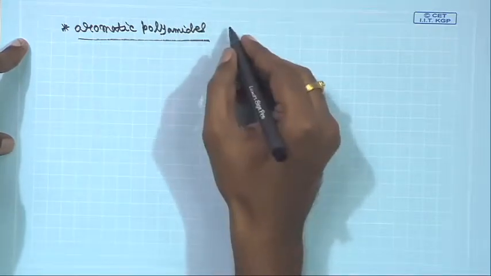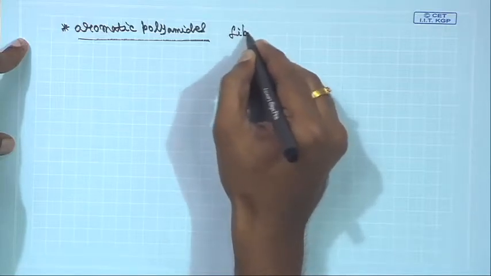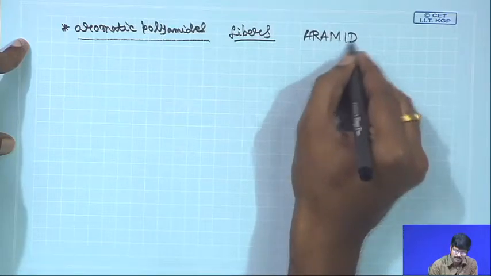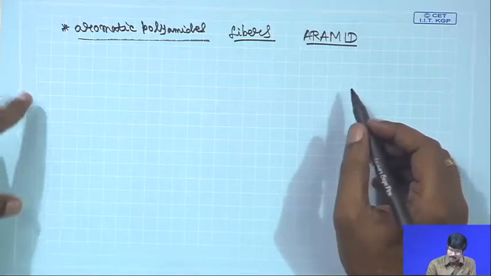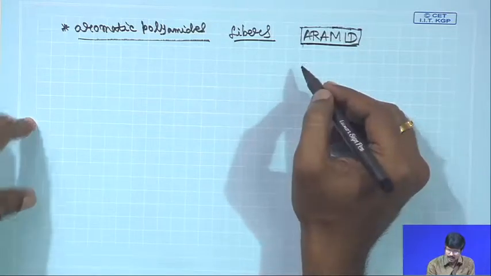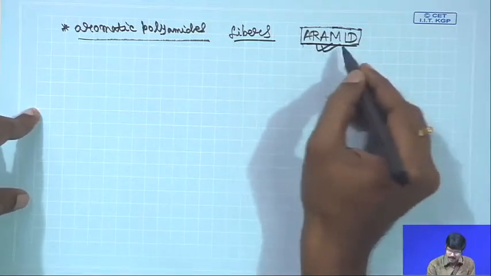Now, aromatic polyamide fibers are generally known as aramid fibers. How do you define this term aramid?